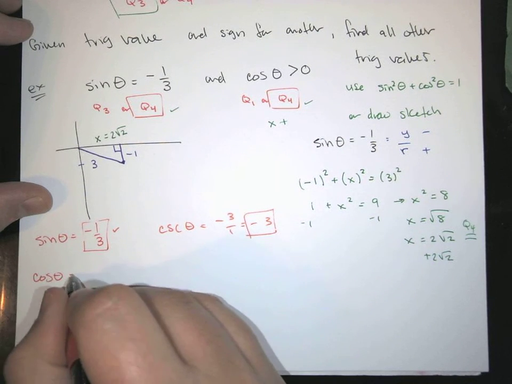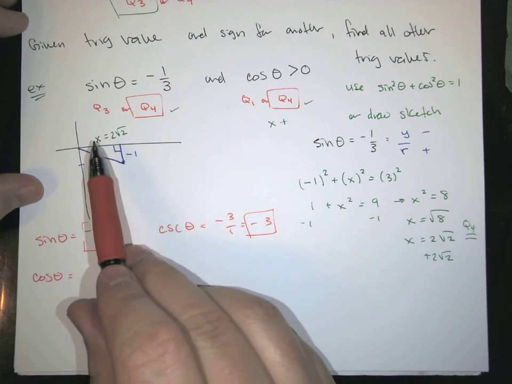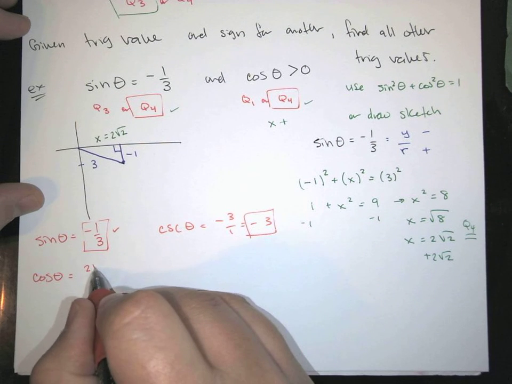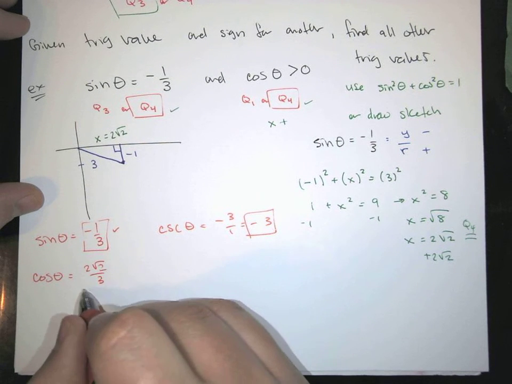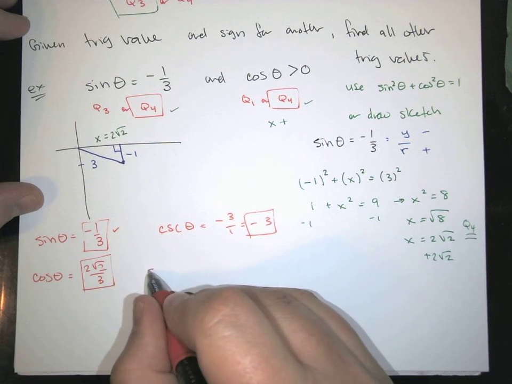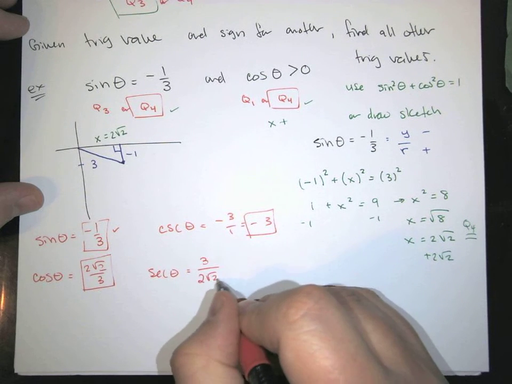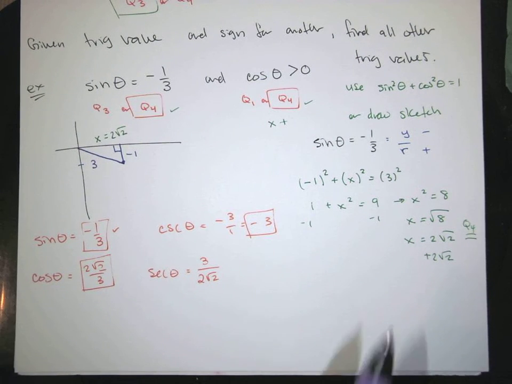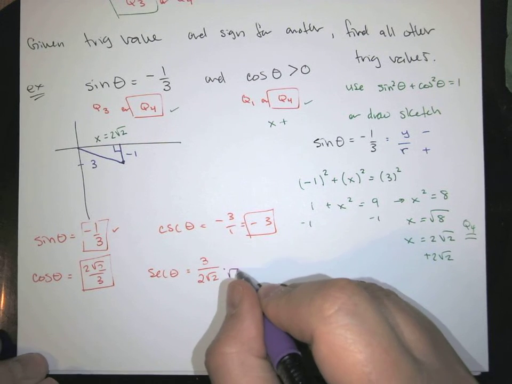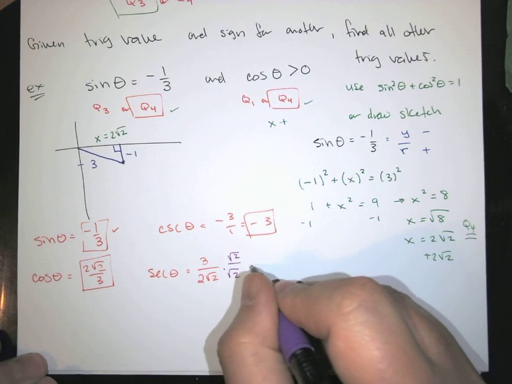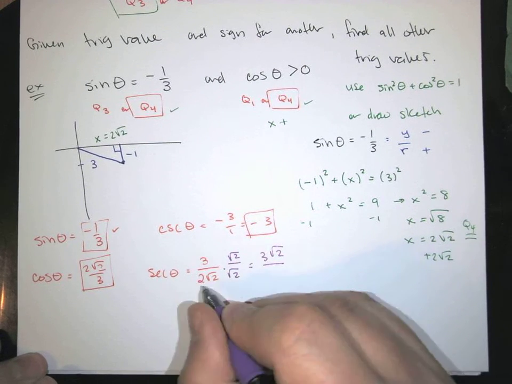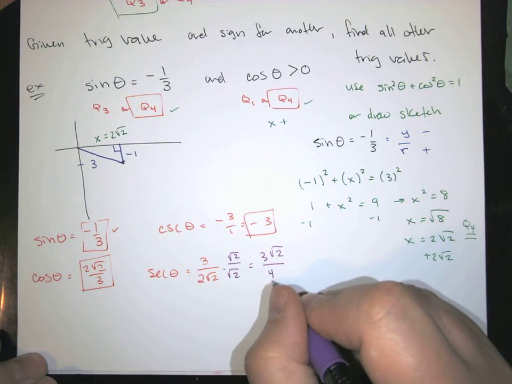Cosine, what are we going to get? Our x divided by the radius, so positive 2√2/3. Flip it, secant, 3/2√2. Do a little rationalizing to get rid of this root on the bottom. So 3√2 over 2 times 2, so that's going to be over 4.